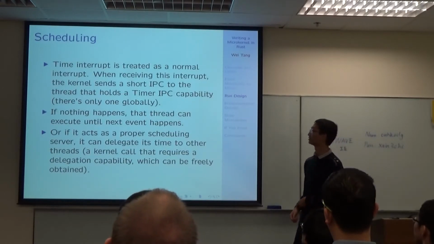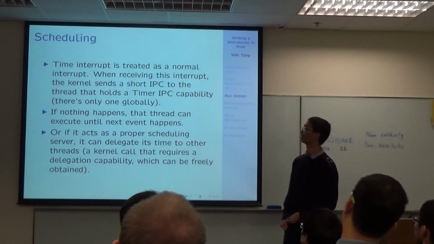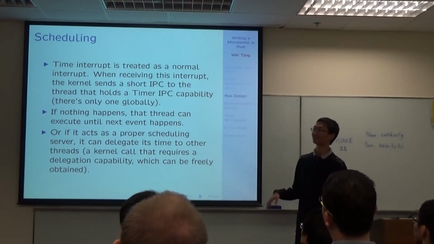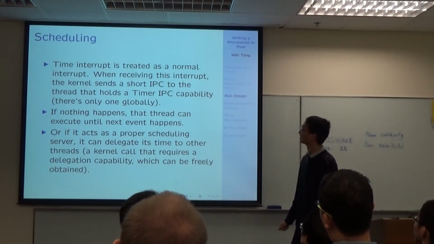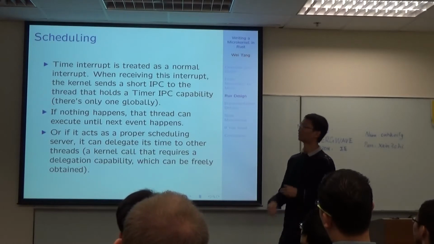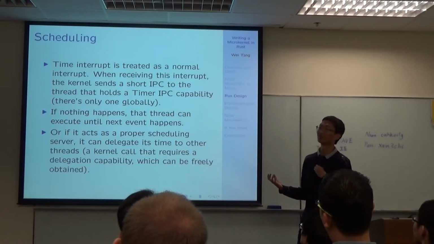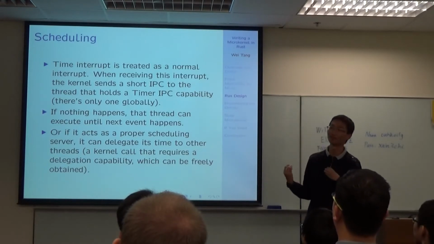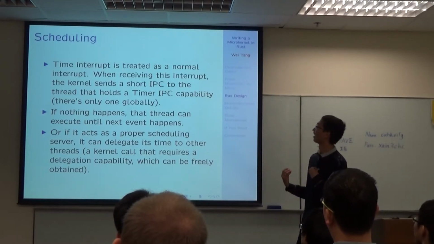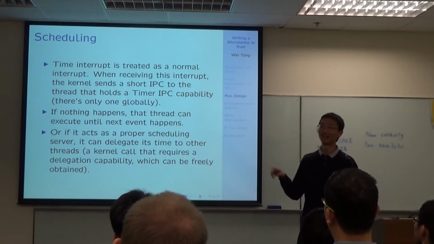This is not implemented, but it gives a quick overview of how scheduling may work in this kernel. We get those timer interrupts, and they're treated as normal interrupts. In the Alpha family of kernels, interrupts are actually treated like an IPC.